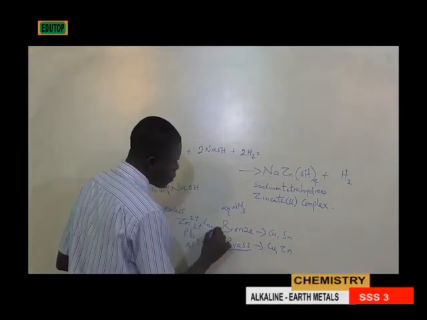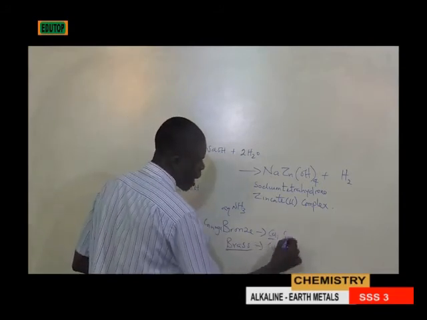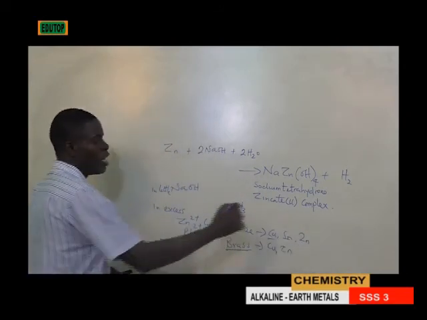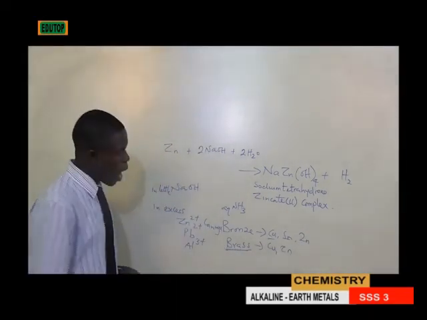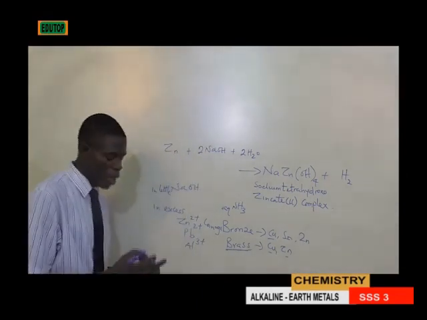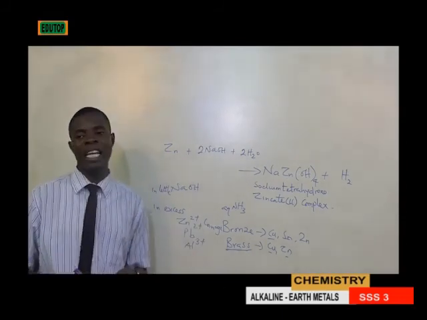Let me use Carnage bronze as an example. Carnage bronze has copper, tin, and zinc. So zinc is present in Carnage bronze, while also in brass, copper and zinc. So that is why zinc can be used in alloys.